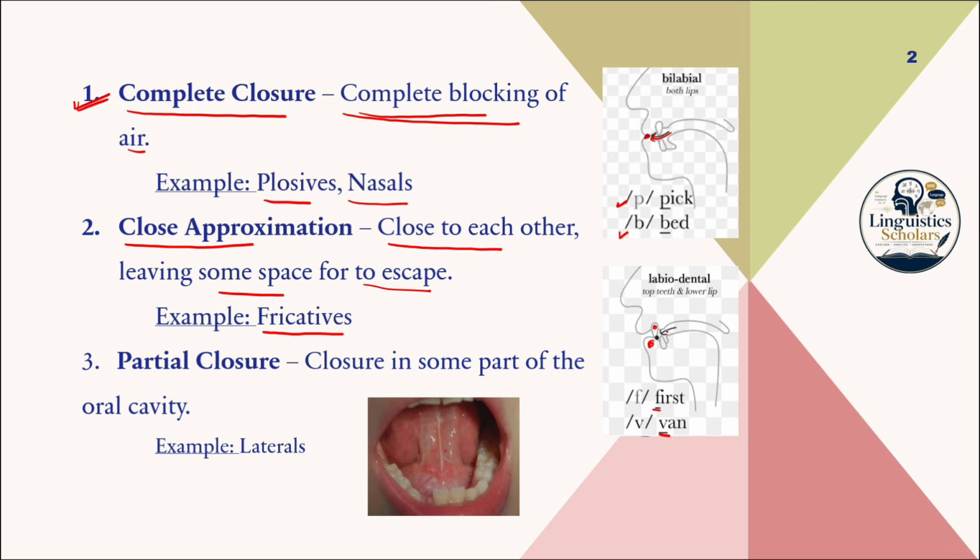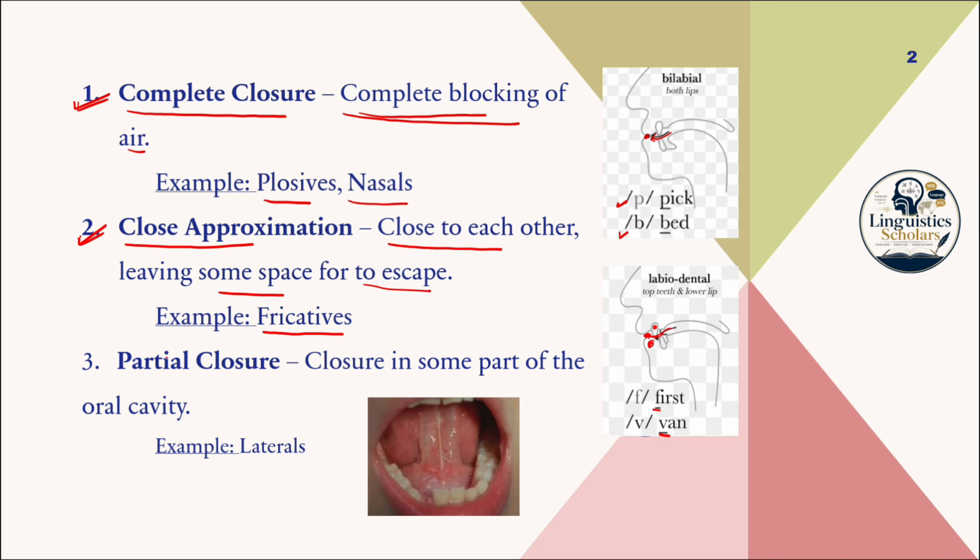There is a narrow gap that lets the air escape, resulting in the production of fricatives. Such a constriction in the mouth is called close approximation.